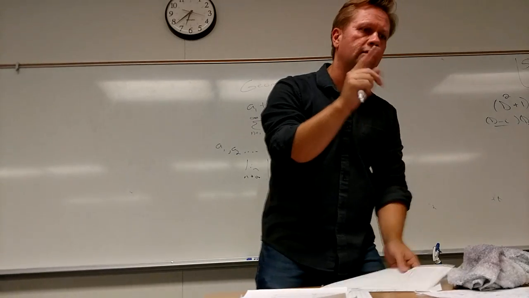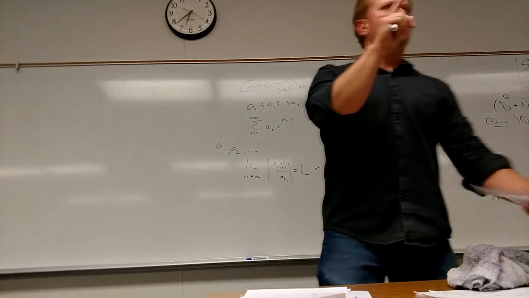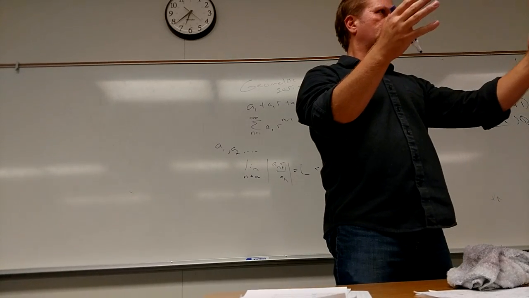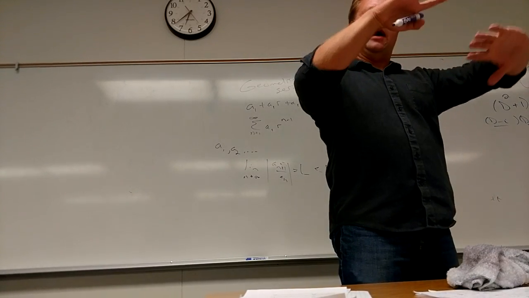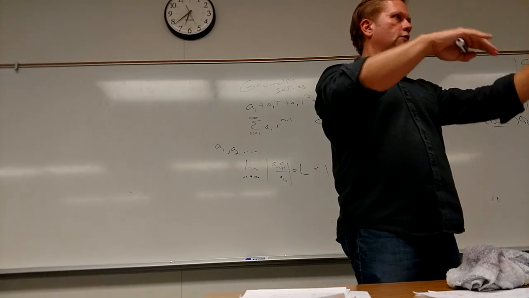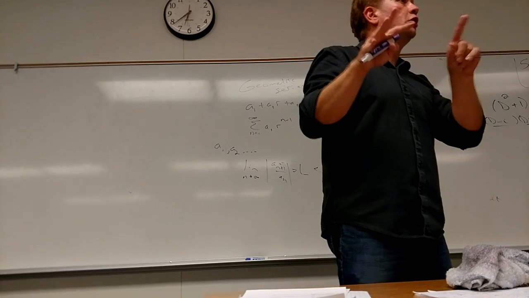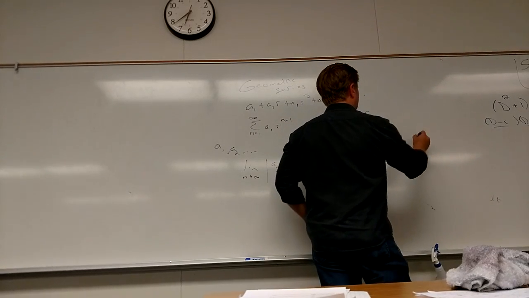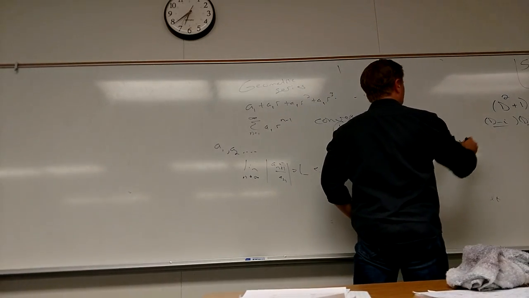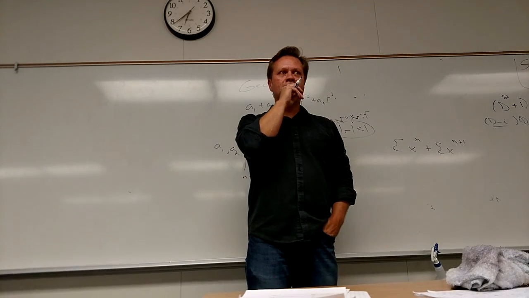The hard part about this section for people is how to combine two series if things are out of whack between them. If you have a series that starts at 1 and another one that starts at 2, how do you handle that? If you have one where the insides aren't like terms, like a sum of x to the n plus a sum of x to the n plus 1, well, shoot, right?